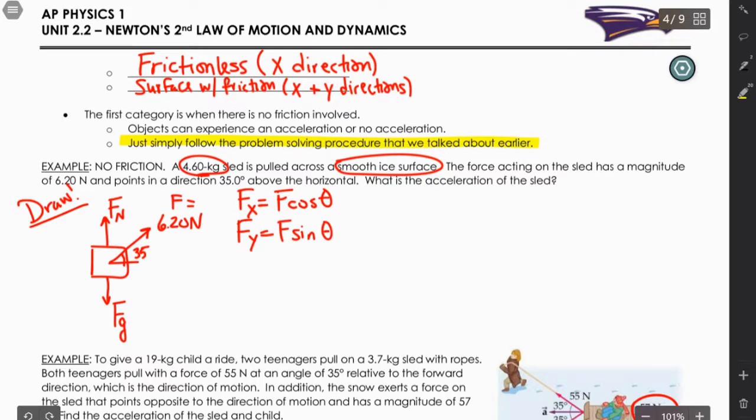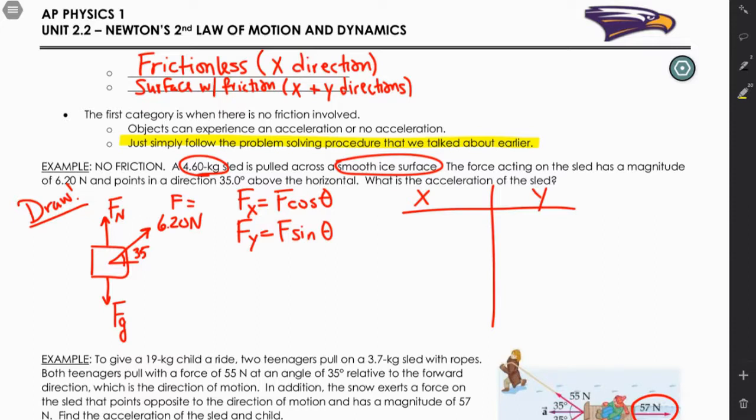Now you can find the numbers for those. You can also simply hold off and plug those values in later, because on the AP test they like these algebraic expression type questions. So again, my recommendation: do as much of the algebra as you can before you plug in numbers, because you never know what they're going to ask you on test day.